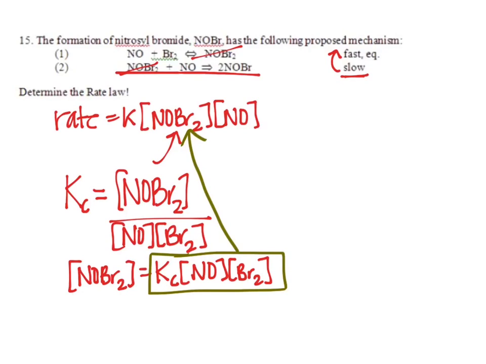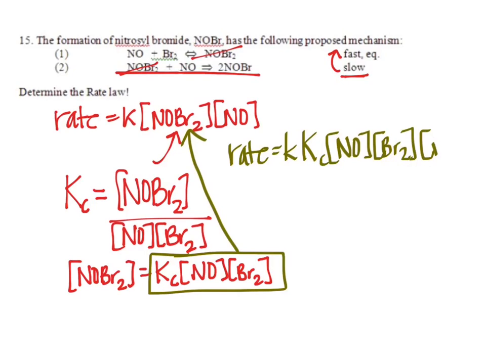So when I plug it in, I end up with rate is equal to little k times big Kc times NO times Br2 times NO. How can we clean this up?